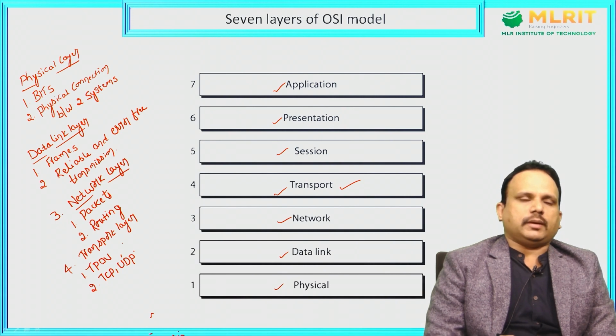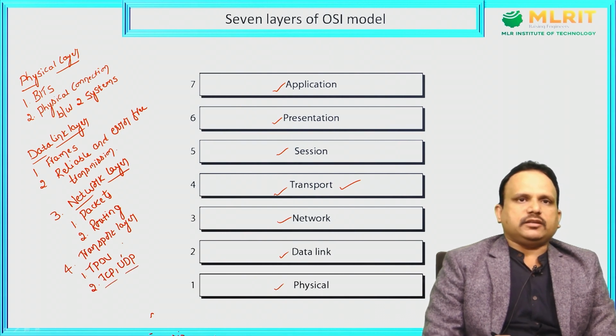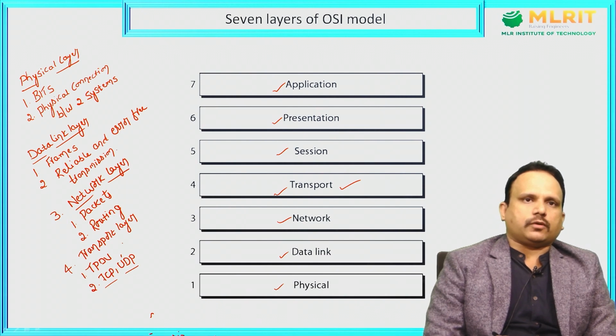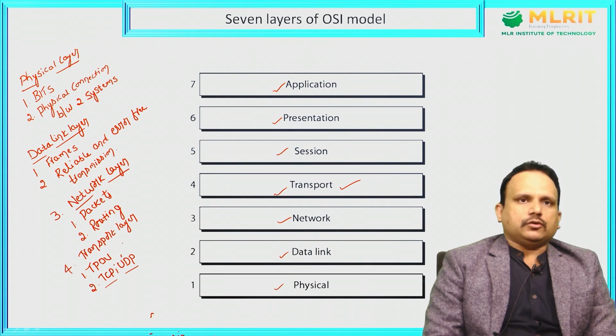TCP stands for Transmission Control Protocol, and UDP stands for User Datagram Protocol. We will discuss TCP and UDP in the coming classes. For the time being, just know the abbreviations of TCP and UDP.